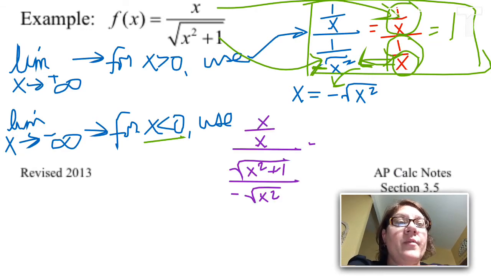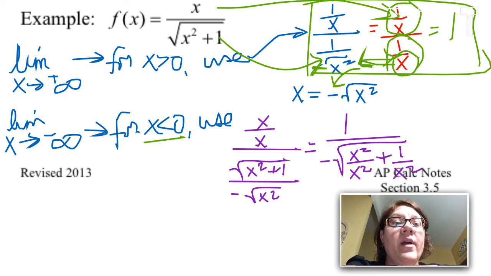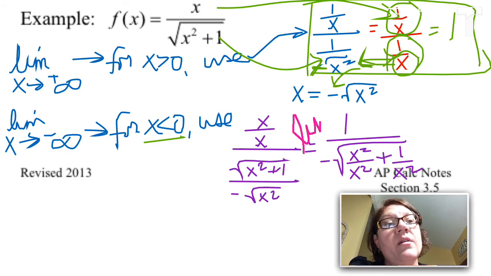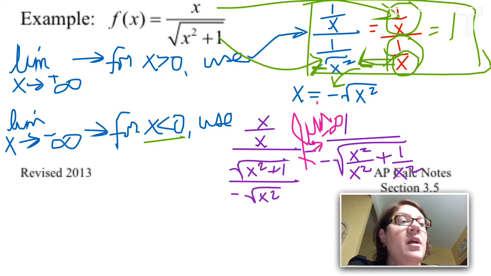And of course on top I still get 1, and on bottom that negative stays in front of the radical, but I can put the radical contents all together, again keeping in mind that both values are getting divided by x squared. And now I can consider taking the limit as x goes to negative infinity, and this x squared over x squared will still be 1, and this will still be 0.